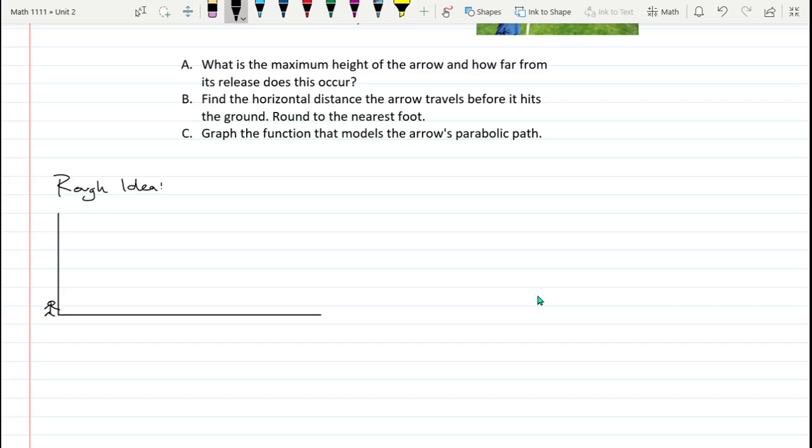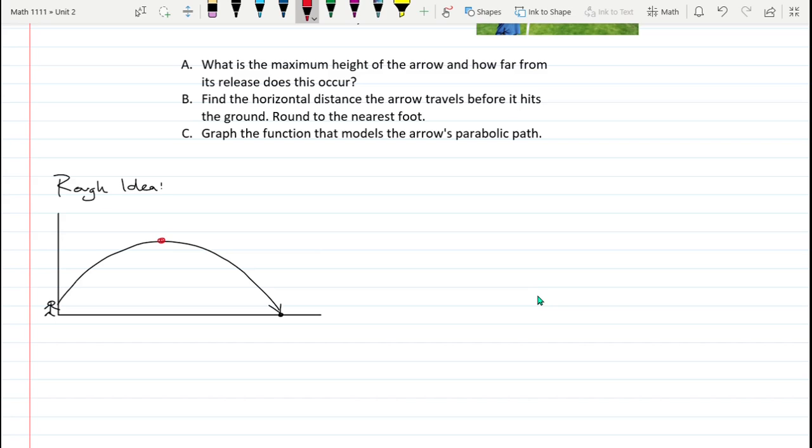I've never shot an arrow, but I can visualize what happens: it goes up and then comes back down, like that, right? And so its path makes a parabola. At some point here, that's going to be the vertex.